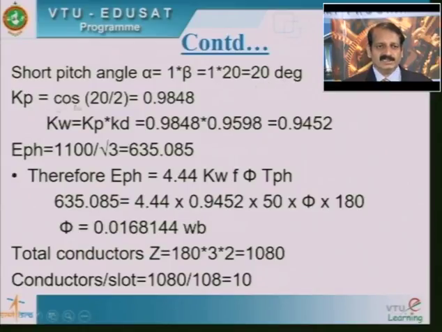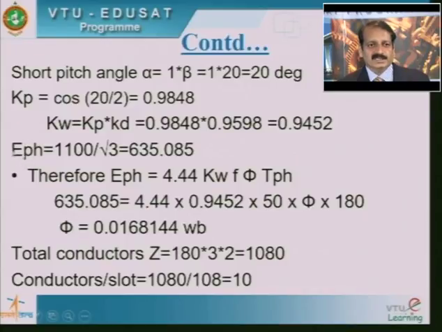Kp is calculated as cos of 20 by 2, that is cos of 10, which is equal to 0.9848. Winding factor has been asked to be calculated. Winding factor Kw is equal to Kp times Kd, which is 0.9848 into 0.9598, equal to 0.9452.